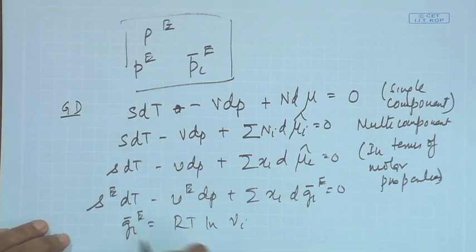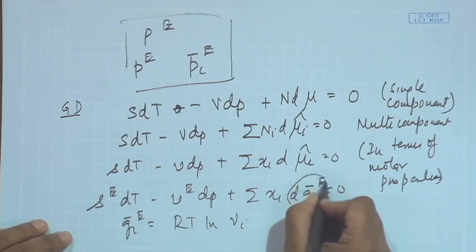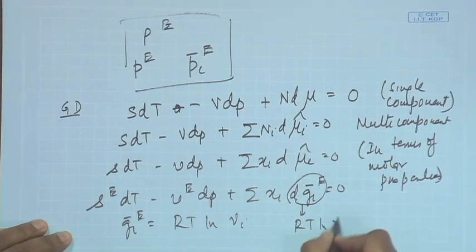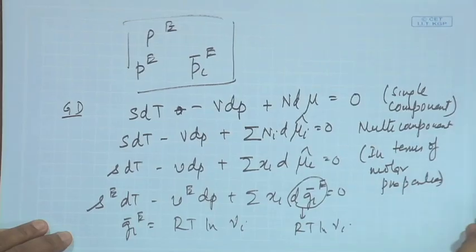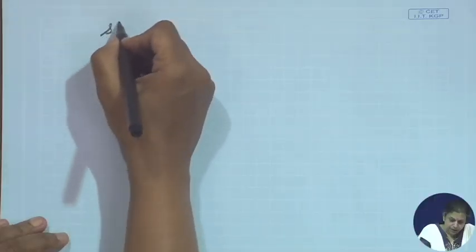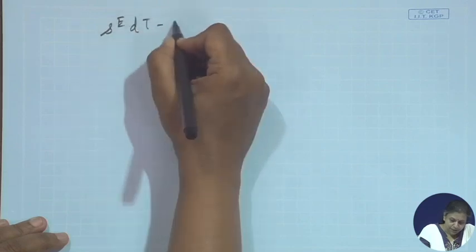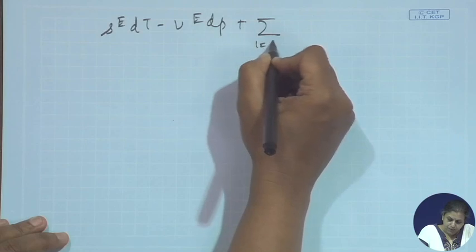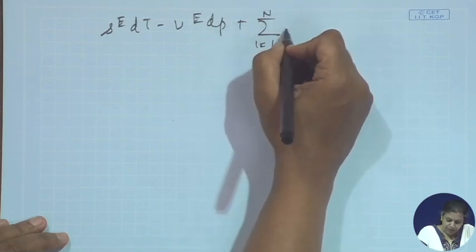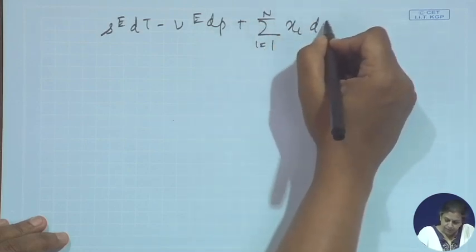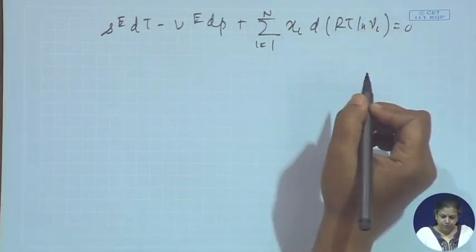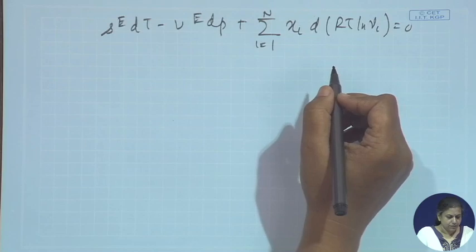So, instead of d g_i bar, I can just write RT ln gamma_i. Then the Gibbs-Duhem equation becomes S^E dT minus V^E dP plus sigma, i equals 1 to n, x_i d(RT ln gamma_i) equals 0. Agreed. We can write it in this particular way.